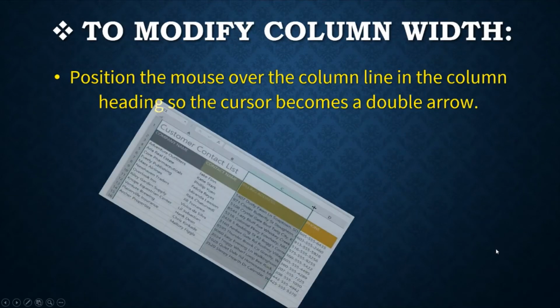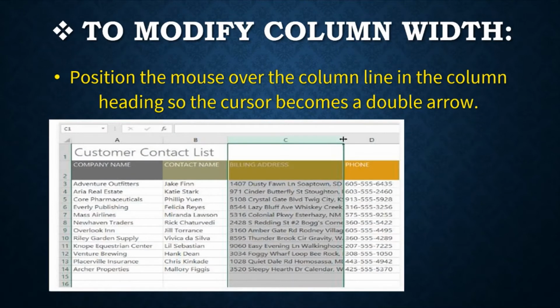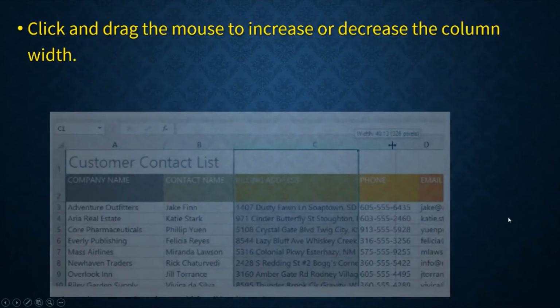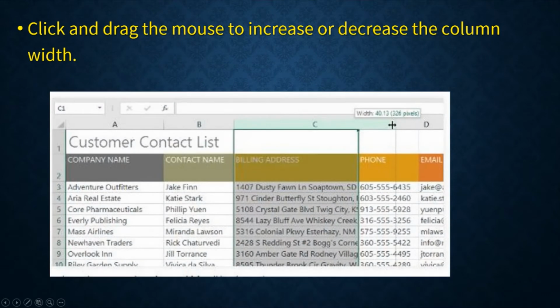Now let's see the first way to modify the column. First, position the mouse over the column line in the column head. So the cursor becomes the double arrow. Now you can see this double arrow. Next step, click and drag the mouse to increase or decrease the column.